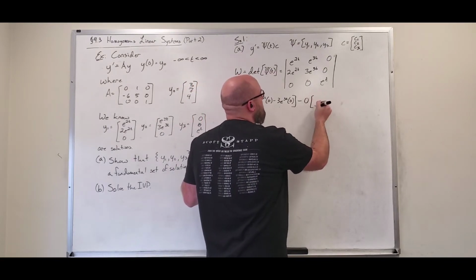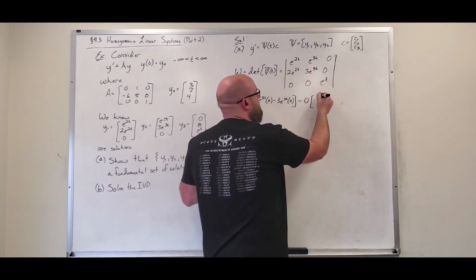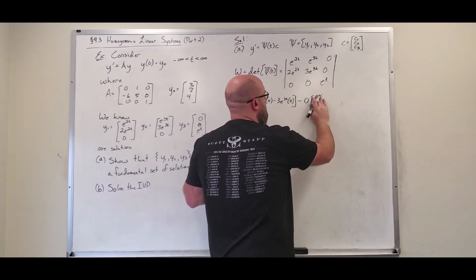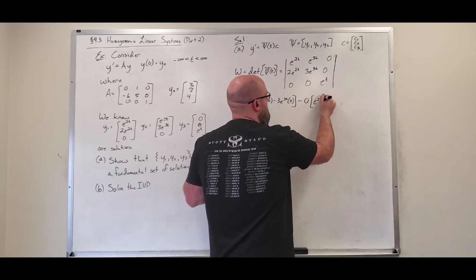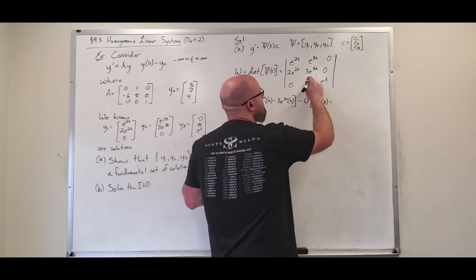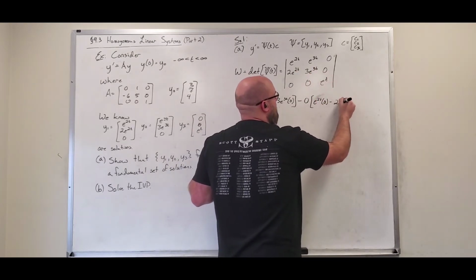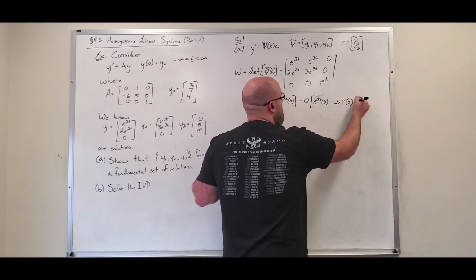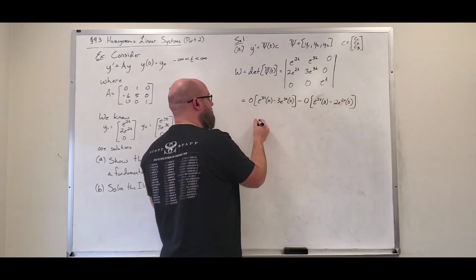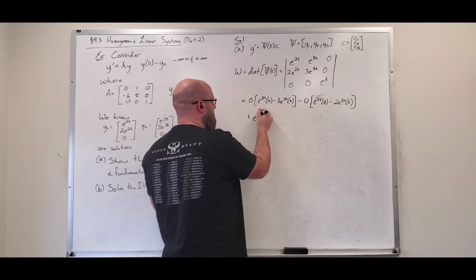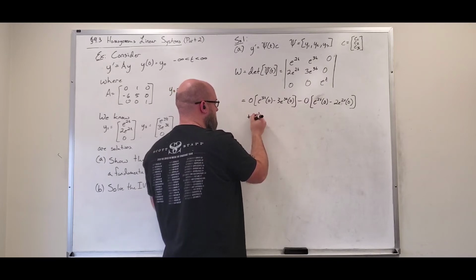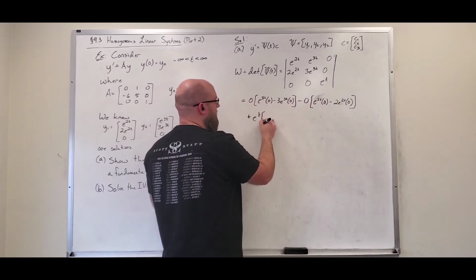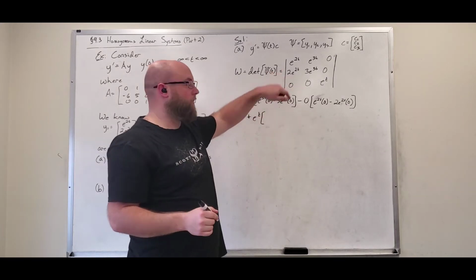0 times then its minor, which is e^(2t) times 0 minus 2e^(2t) times 0. And then finally, what we're actually looking for is plus e^t, so that's a plus sign, times its minor, where all the good stuff is happening.